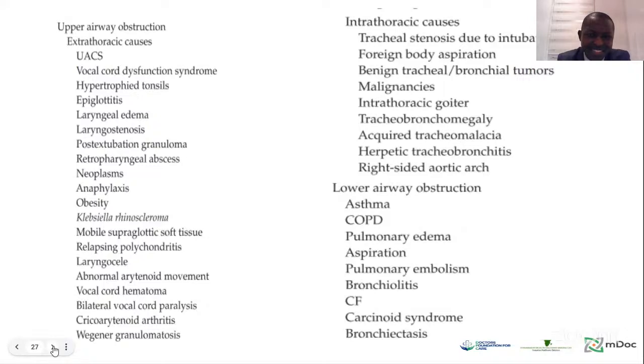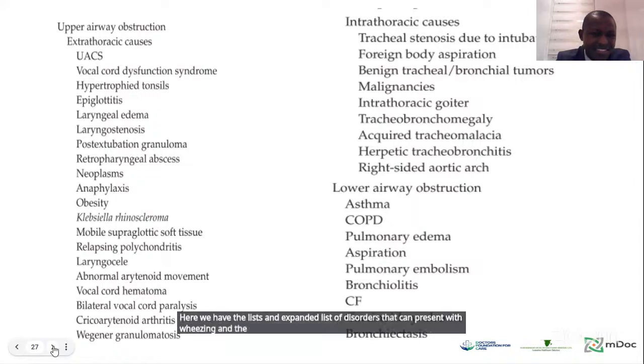Here we have an expanded list of disorders that can present with wheezing, classified into upper airway obstructions, which can be extrathoracic or intrathoracic, and the lower airway obstructions. It's self-explanatory. UACS means upper airway cough syndrome, which sometimes is known as postnasal drip.